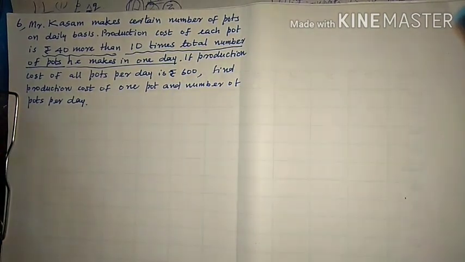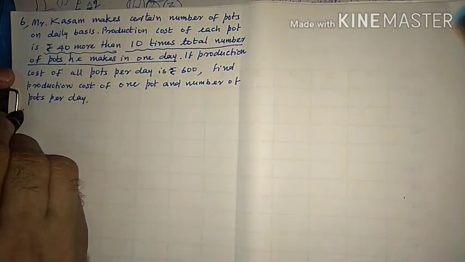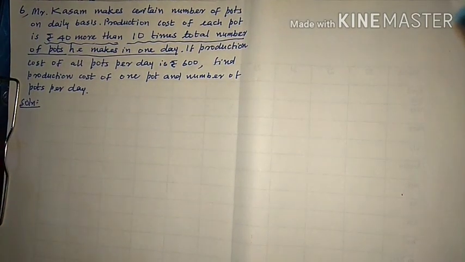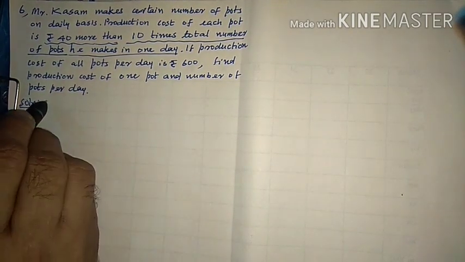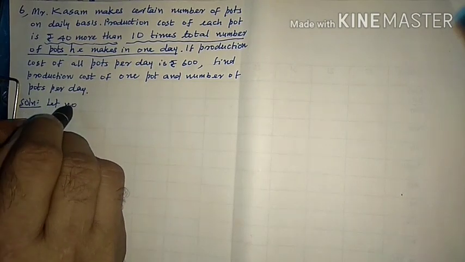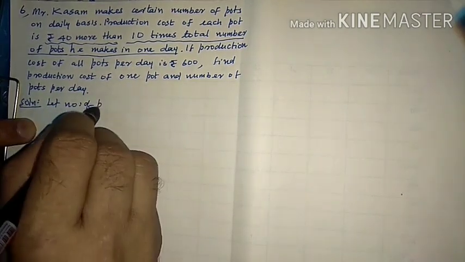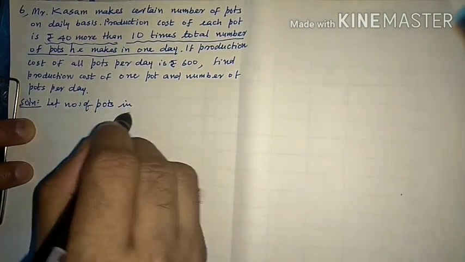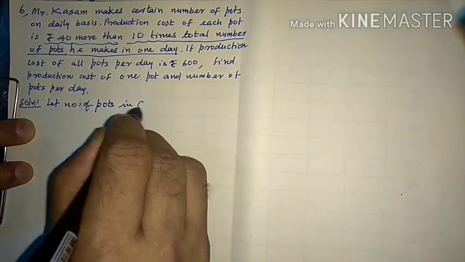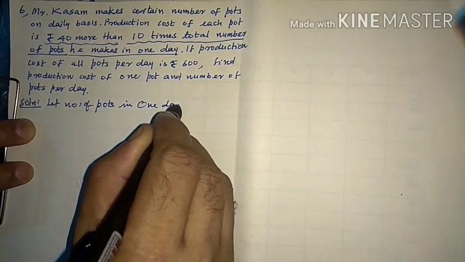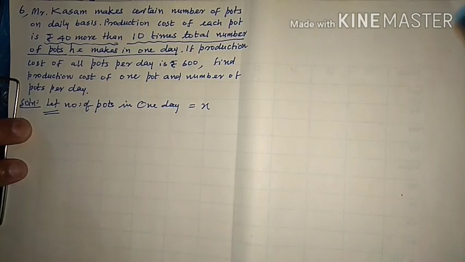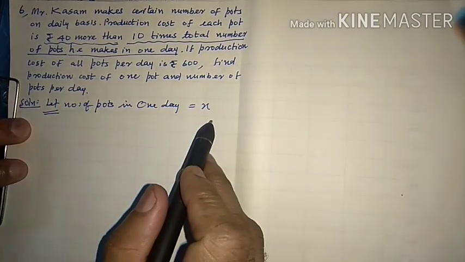Mr. Kasam is making earthen pots. How many pots is he making in a day? We consider x. Let the number of pots made in one day be x.